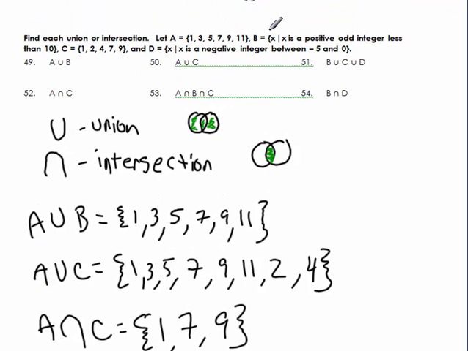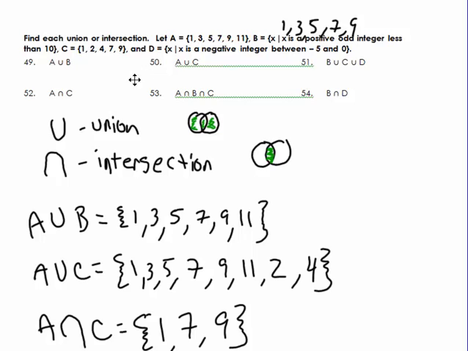Here, let's just go ahead and put B in roster form real quick. It's a positive odd integer less than 10, so that's got to be 1, 3, 5, 7, and 9.